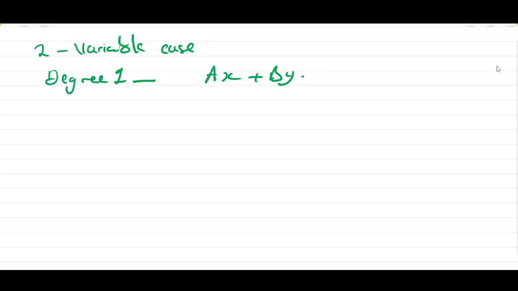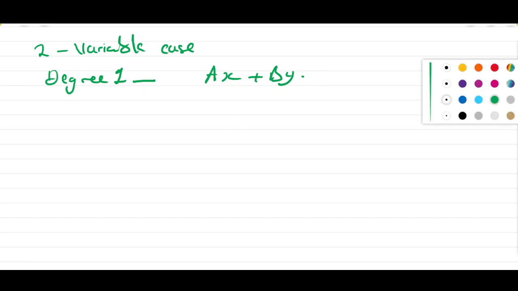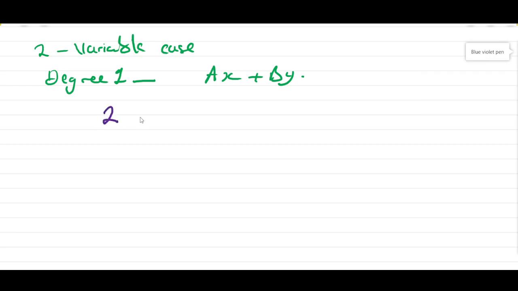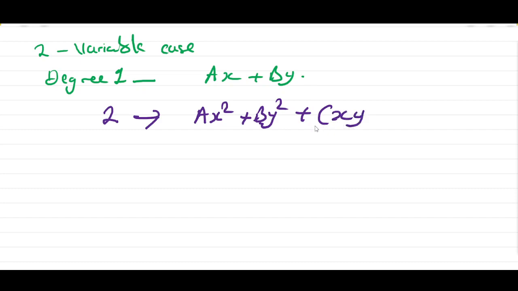Now assume that it has a second degree, how would it be? So the degree is 2. In this case we have an x squared term, a y squared term, and then something like cxy, because the first power times the first power gives degree 2.